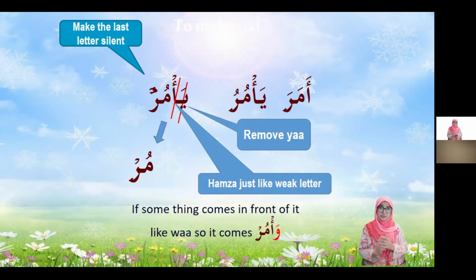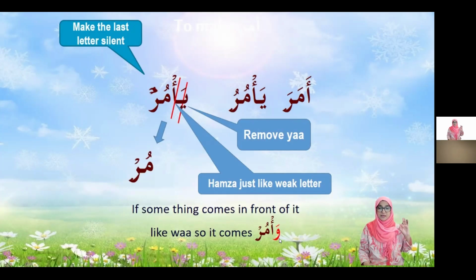But remember one thing. Whenever anything comes before it, like down here I've written wa, mur. Whenever any word comes before it, like wa or fa, or there's a connection, there's a connectivity, always that sukun, hamza with the sukun will definitely come there just to give it a connectivity. So mur, basically it is mur.